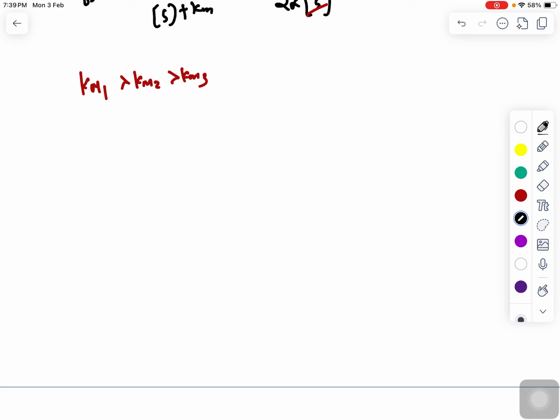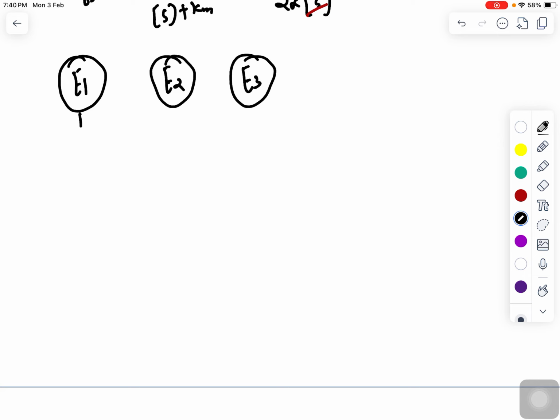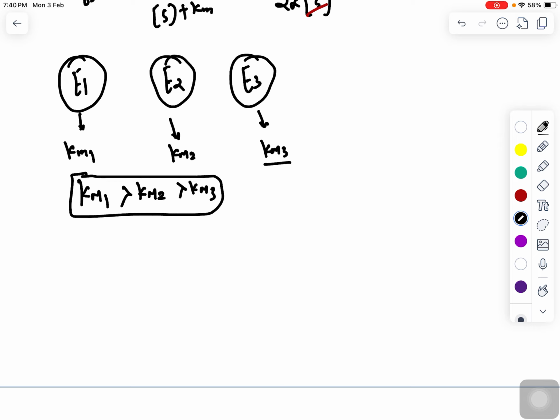So we have three enzymes, enzyme 1, enzyme 2 and enzyme 3, and for enzyme 1 Km1 is there, for enzyme 2 Km2 is there, and for enzyme 3 Km3 is there. Sorry, these are three substrates, substrate 1, substrate 2 and substrate 3. If Km1 is greater than Km2 is greater than Km3, then for higher Km1, a higher substrate concentration is required in order to carry out this kind of reaction.